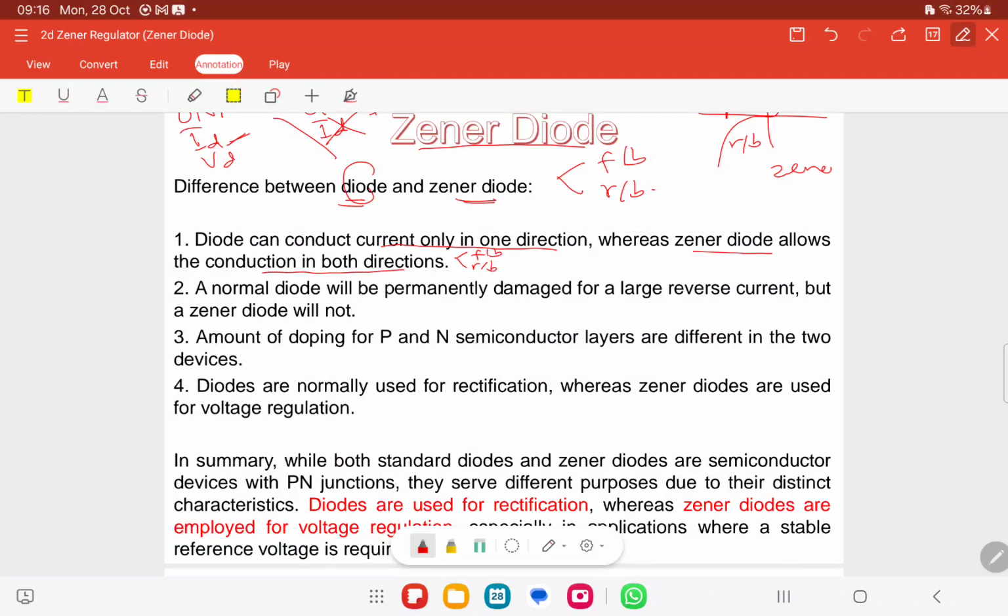Here it says a normal diode will be damaged, meaning it burns. In simple words, the fuse burning that you often hear about is actually the diode burning.